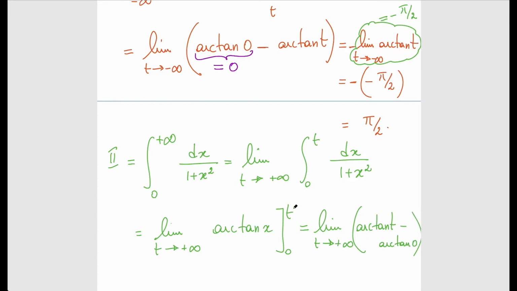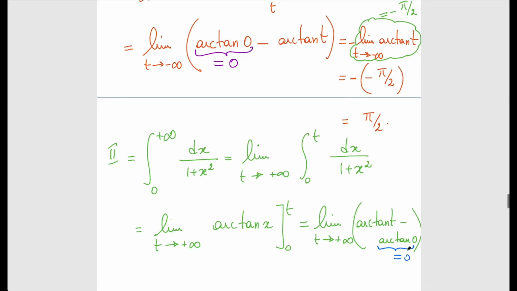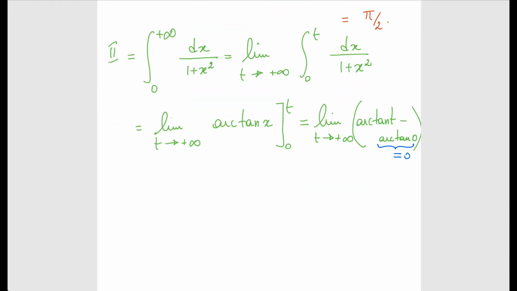So arctan at the upper bound minus arctan at the lower bound. And arctan of 0 is 0, as previously discussed. So we get the limit as t goes to plus infinity of arctan of t. And if you want to revisit that function arctan, as t goes to plus infinity, arctan is going to pi over 2, right?